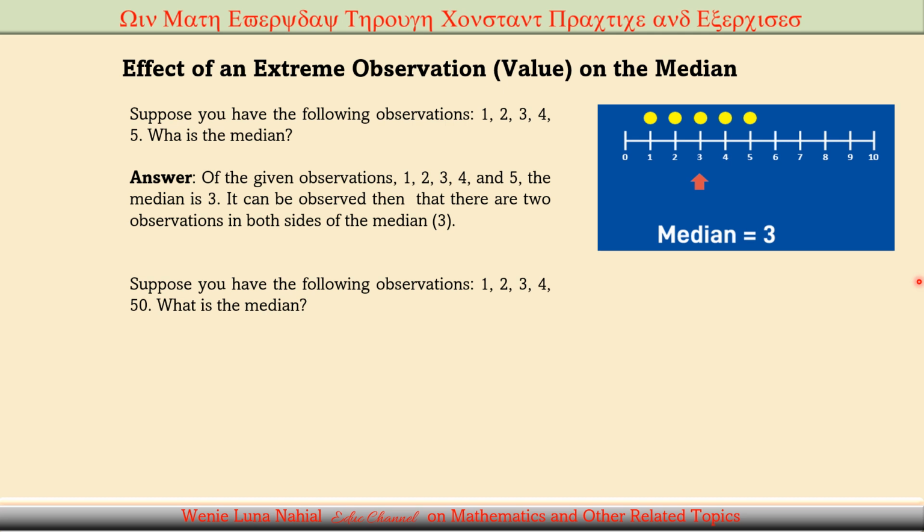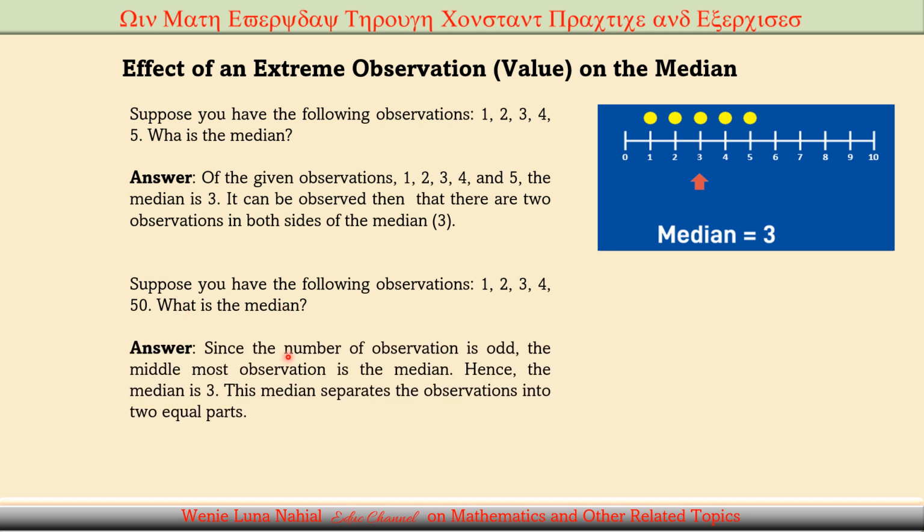Suppose you have the following observations: 1, 2, 3, 4, and 50. What is the median? Since the number of observations is odd, the middlemost observation is the median. Hence, the median is 3. This median separates the observations into two equal parts.